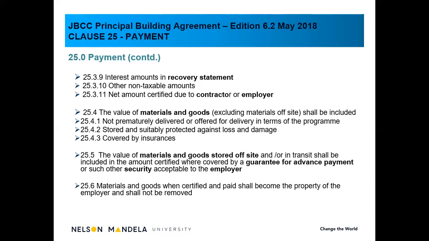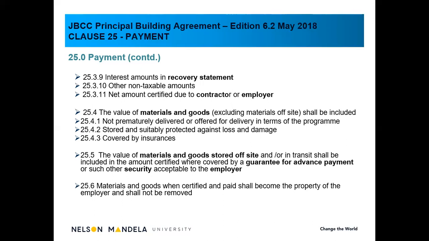Clause 25.5 relates to materials off-site. Again, the same applies there, that you should have some form of security before we actually certify for materials off-site. You're also going to ask the contractor, because you can imagine if you pay the contractor, let's say 100,000 Rand for materials which are not on site, but on an extended site, as we also refer to it.